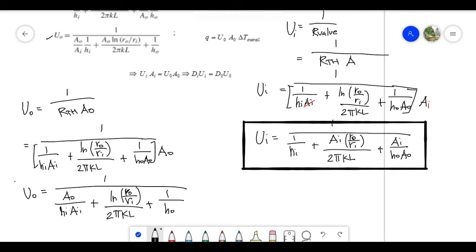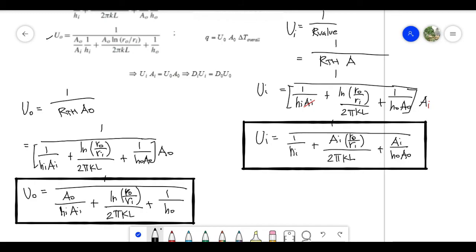So there we go. And yan po yung final derivation ng ating overall heat transfer coefficient based on the outside.